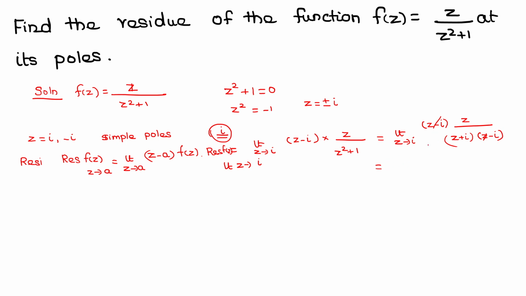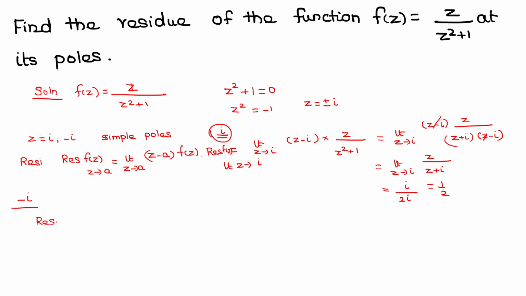I got limit z tends to i, z by z plus i. If we apply the limit, I get i by 2i, which is equal to 1 by 2. That is the answer.